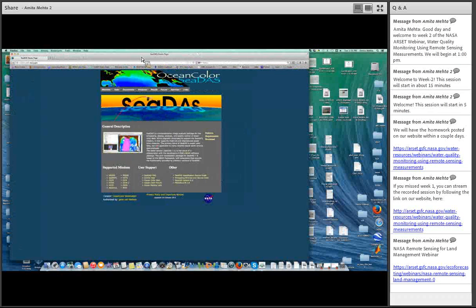So this is the Ocean Color Web CDAS site. And all the mission information is given here. There is a user support area. And here is all the information, the documentation about data products.